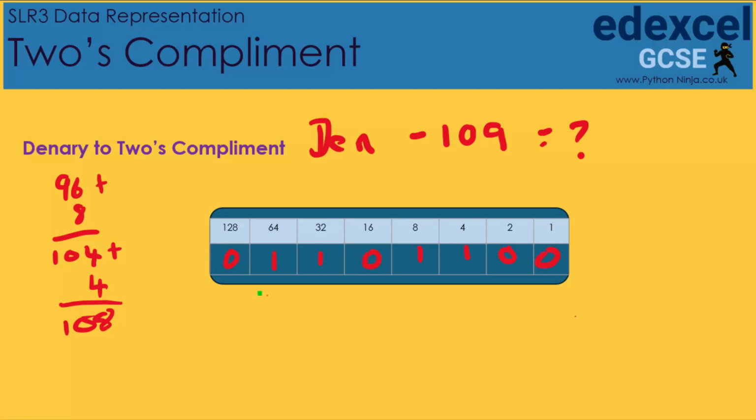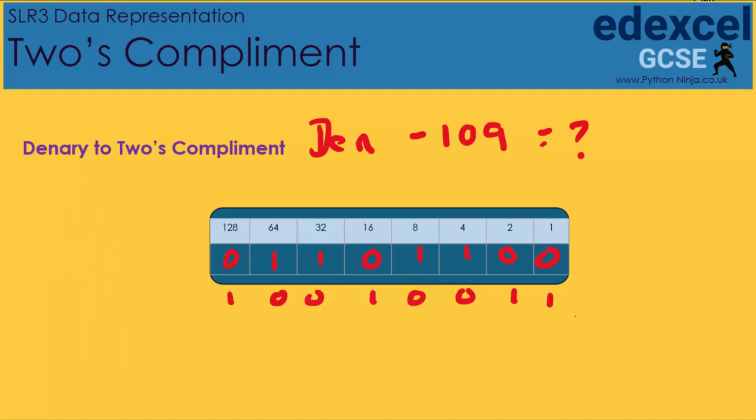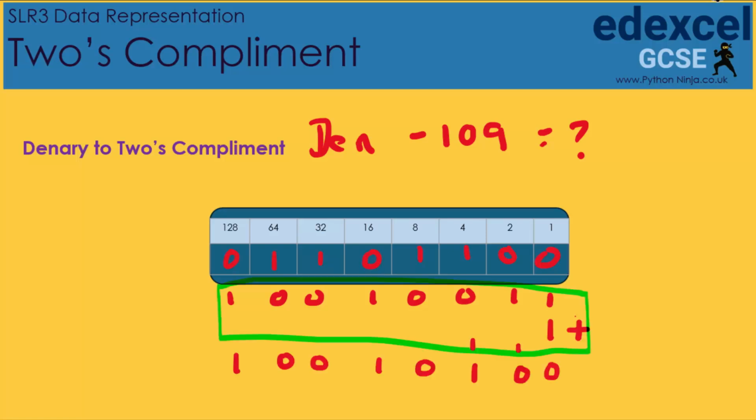So 64 plus 32 is 96. 96 plus 8 is 104. 104 plus 4 is 108. Okay, so now we have flipped the bits, and the next step is to add 1. And here we have our answer.